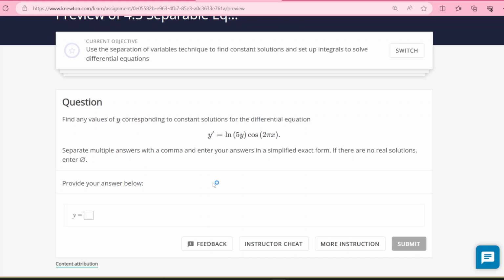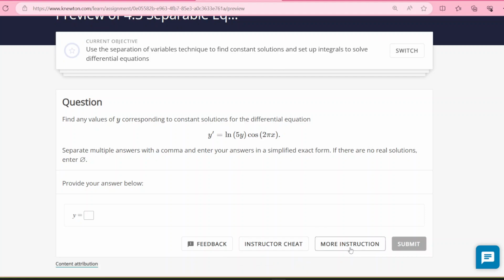So if you're seeing any errors in the question, typographical errors or errors in the answer explanations, you can send feedback directly to Knewton, and hopefully someone will respond to you quickly and fix the problem. You will not have this instructor cheat button. This is for instructors only.